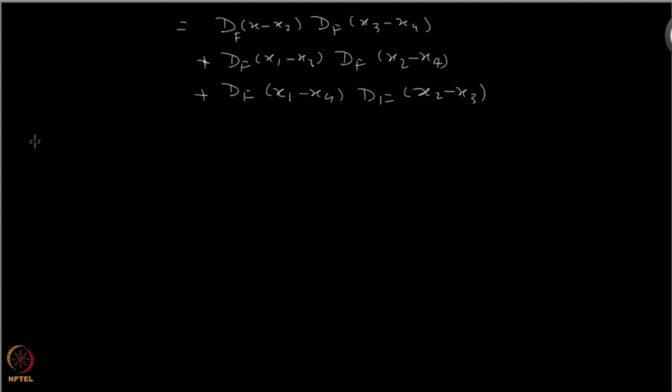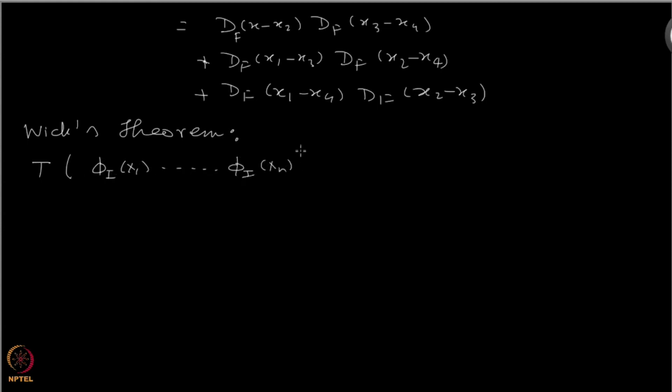Now let me state the most general case. It goes by the name Wick's theorem, and it states that if you take the time order product of n number of fields, then that can be written as a normal order.